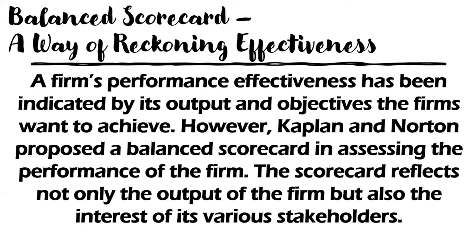So later on, malalaman natin ano ba ito? Ano ba itong balance scorecard na ito? So sinasabi nga na ito nga daw balance scorecard na to, isa rin to sa way na para ma-measure yung effectiveness ng isang firm. Okay? So ano ba ito?